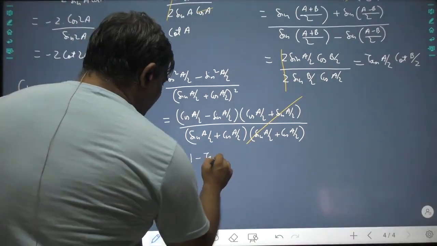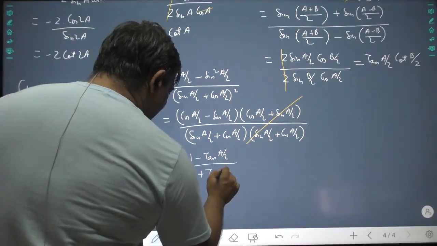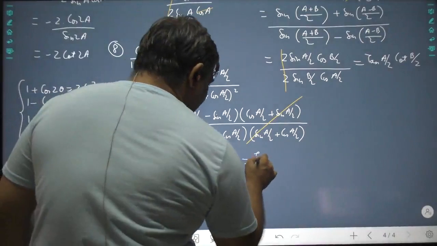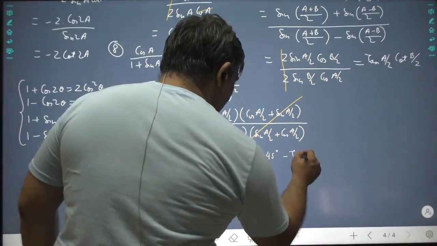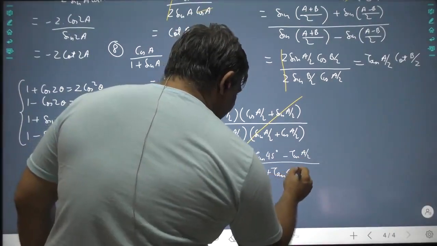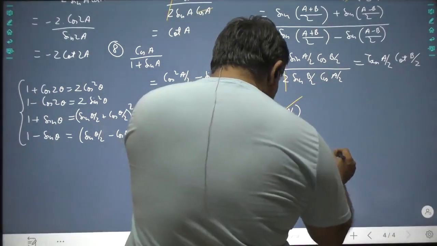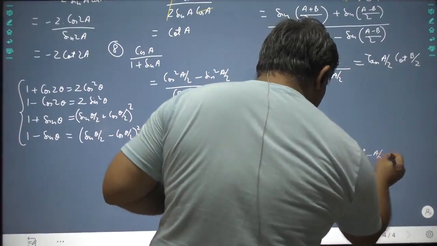So 1 minus tan A by 2 upon 1 plus tan A by 2. You can think of it as tan 45 degree minus tan A by 2 upon 1 plus tan 45 degree tan A by 2. So this quantity is tan of 45 degree minus A by 2.